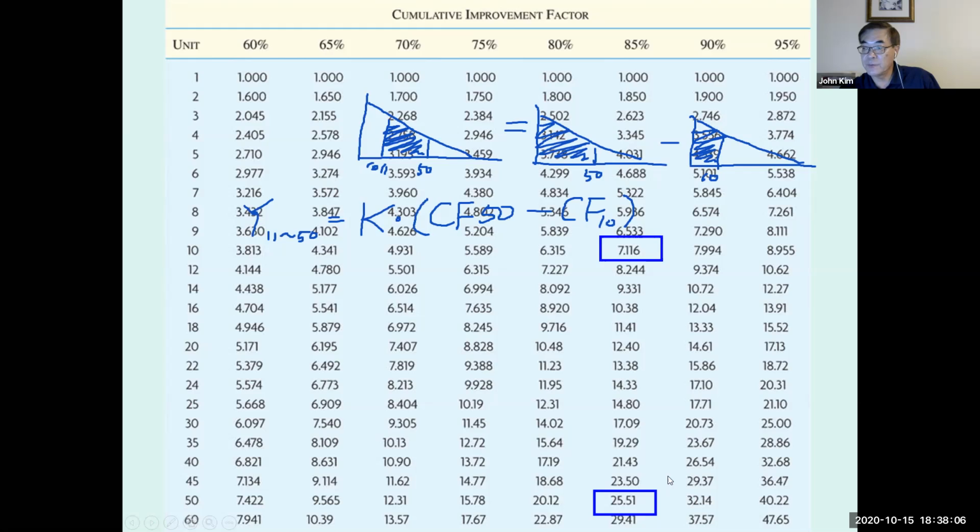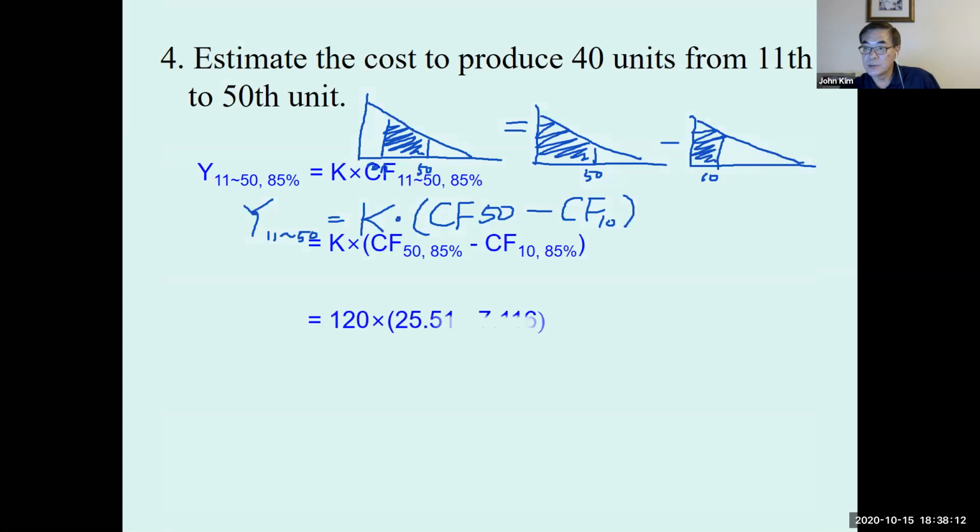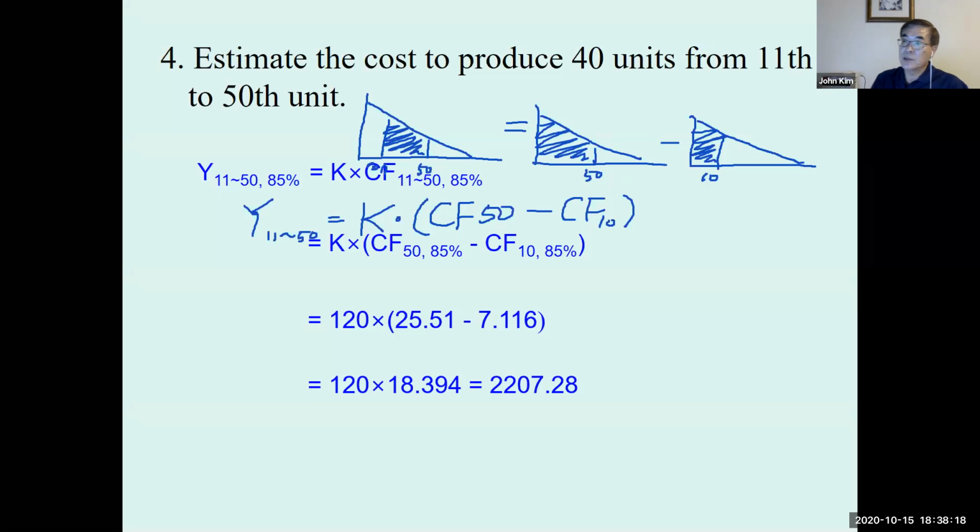So 25.51 minus 7.116. And the cost to produce 40 units from 11 to 50 is $2,207.28.